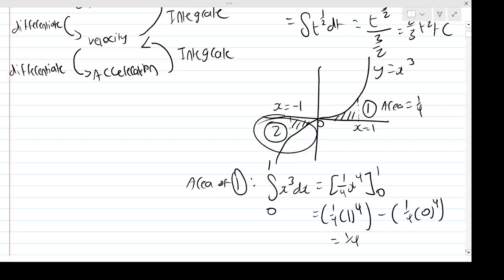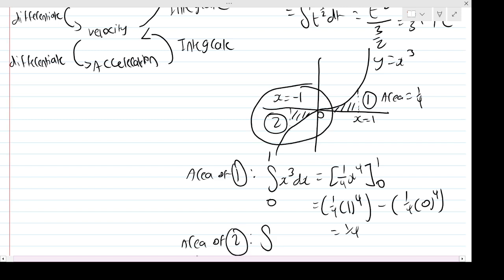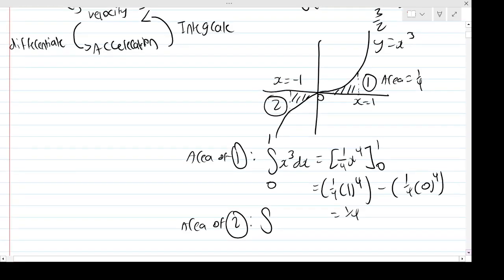Then if I want to find the area of region 2, that's going to be the integral. Now, for region 2, it's between -1 up to 0, okay, that's my limits here. Again, it's the same curve x cubed. If I integrate that, that's a quarter x to the 4 between 0 and -1.